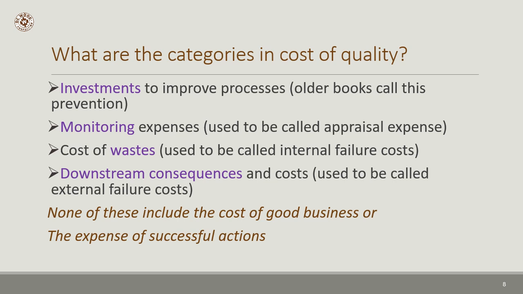This used to be called internal failure costs, but we all know what waste is. And finally, there's what used to be called external failure cost, but this is what we're terming downstream consequences. Now, none of these four categories includes the cost of good business or the expense of successful actions. So what we're really talking about is a portion of your total expenses broken into these categories.